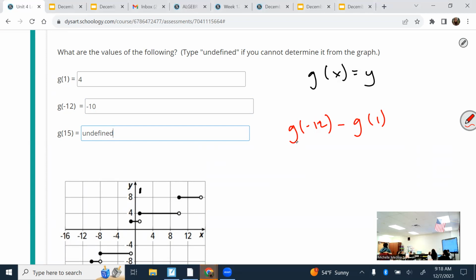What did we say g of -12 was? Then you replace that part with -10. What did we say g of 1 was? And you replace that part with 4, so -10 minus 4. No. -14. But feel free to check that with the calculator.